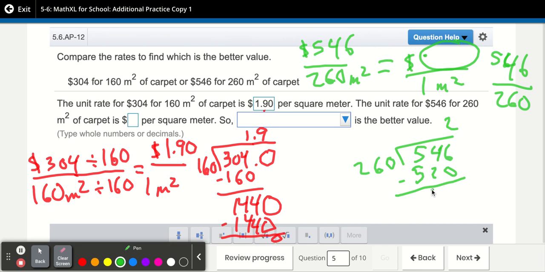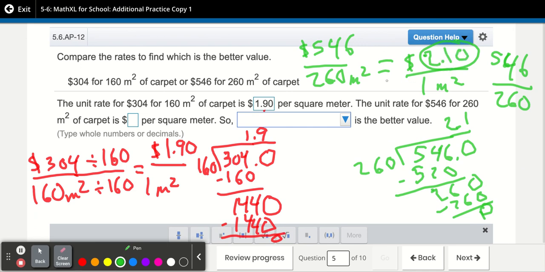And 546 minus 520 is 26. So we have a little remainder. And we're going to drop a 0 down because we know 260 goes into 260 one time. I wrote 1 in that case where I needed to write a 0. That was silly of me. So it's $2.10 per square meter for the second.